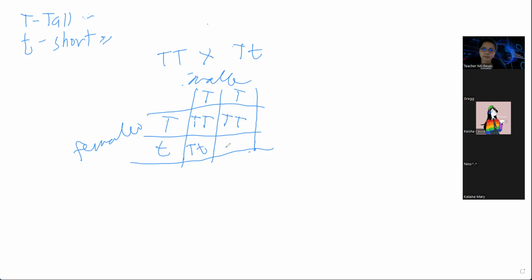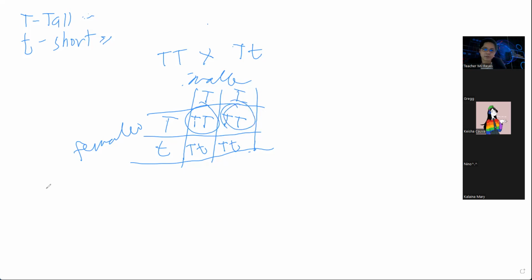And the last square, we have male contributed a dominant allele tall, and the female contributed a recessive allele short. So we have two heterozygous tall, homozygous tall rather.